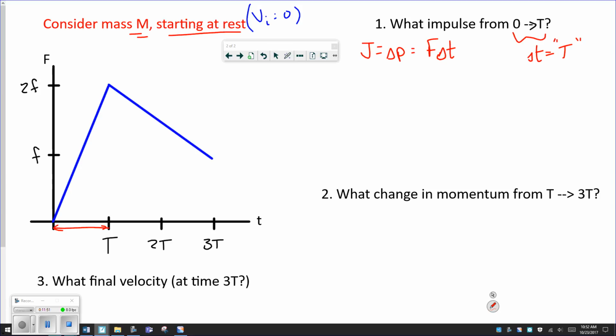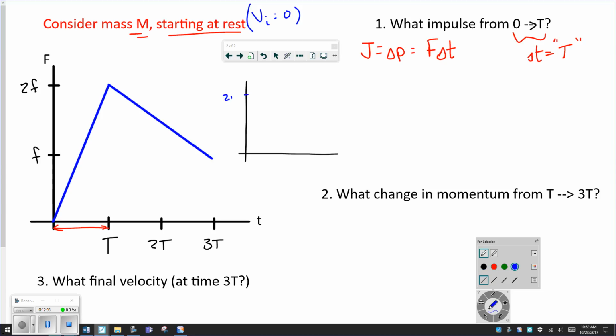So how much force? Well, guess what? This is not the same, or whatever this object is, would not react the same way in the scenario you see on the graph as it would if there was a force 2F the whole time for time T. That's not the same thing, all right?